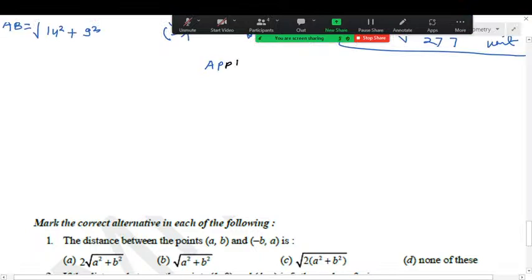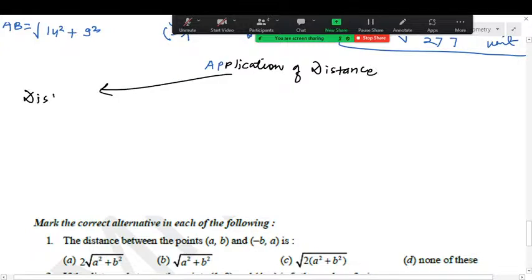Those ways are known as applications of the distance formula. We find application of the distance formula in determining the distance between any two points lying on a plane directly. You should write: distance between two points on a plane.